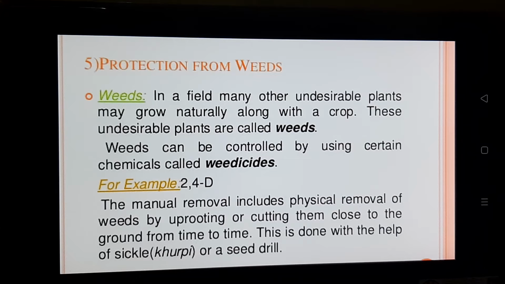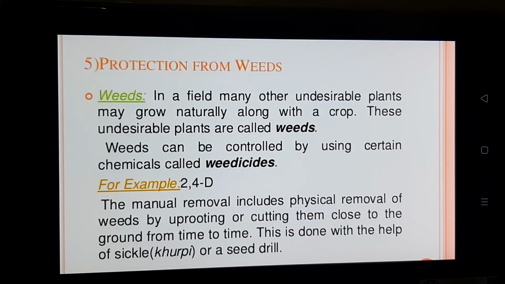Manual removal includes physical removal of weeds by uprooting or cutting them close to the ground from time to time. In this way the farmer can control the weeds manually.